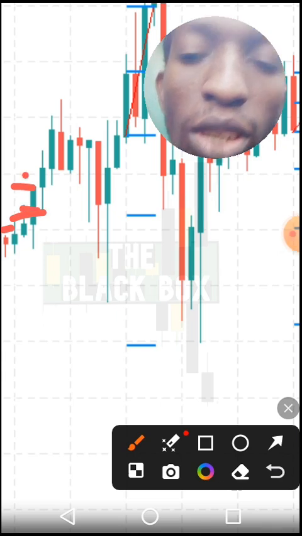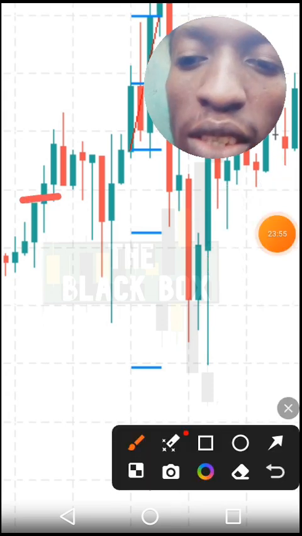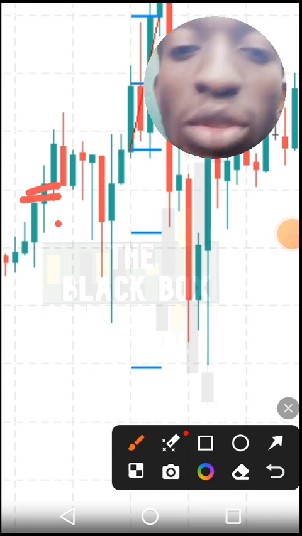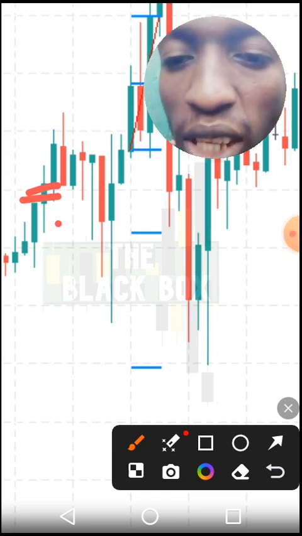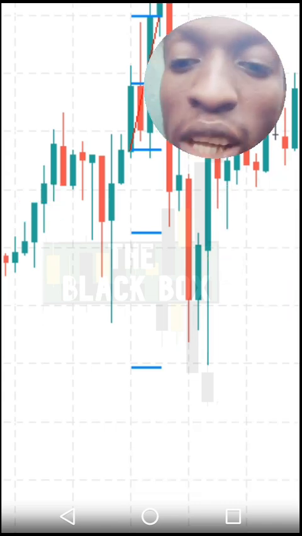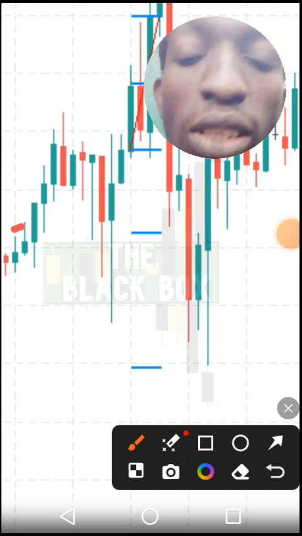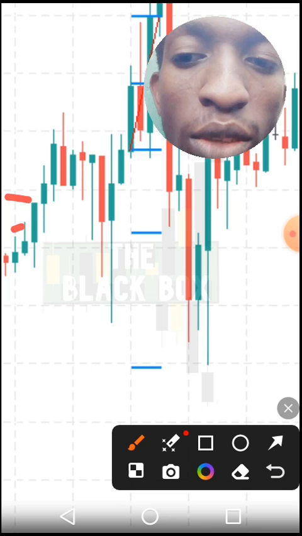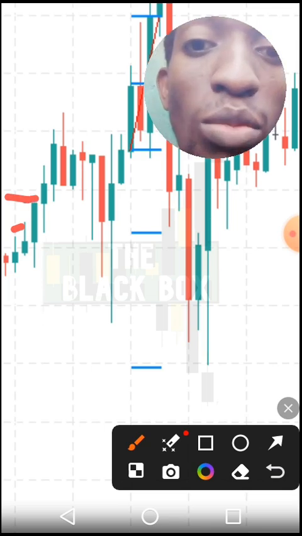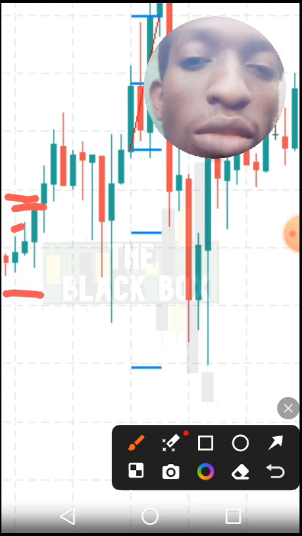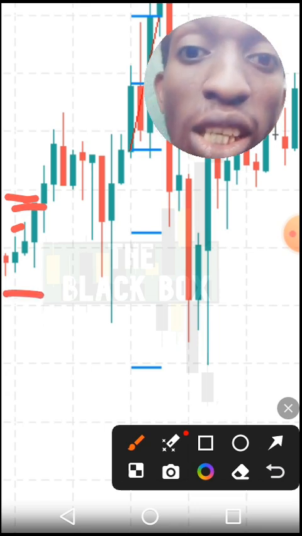Actually, it is this candle right there, the doji, the spinning top. The third candle already started the breaking, and then the fourth candle followed it, and then the fifth candle pushed it more. So you can enter there and put the stop loss down there based on your zoomed in grid.